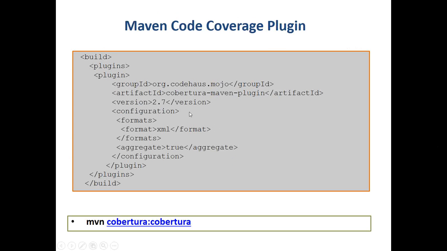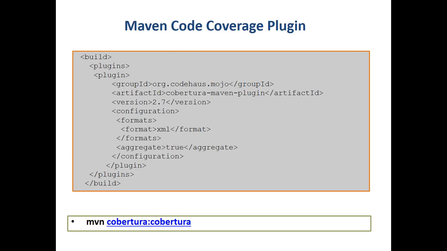Okay, so for working on Cobertura, we have a plugin called the Cobertura Maven plugin, which we will be using to run this particular Maven build, from where it will use this Cobertura tool and generate the code coverage.